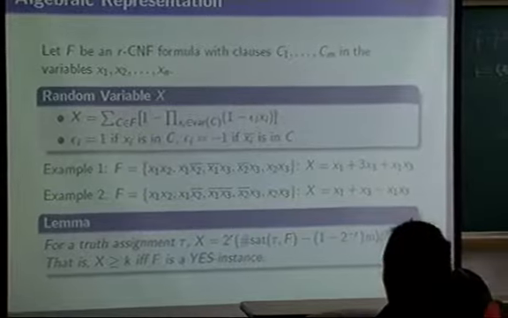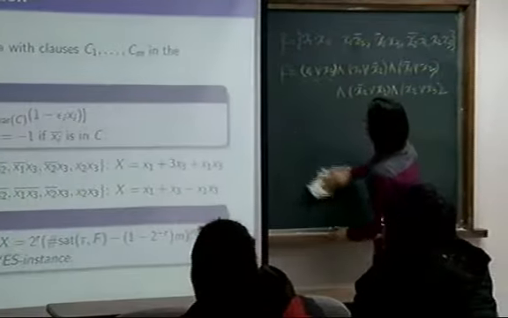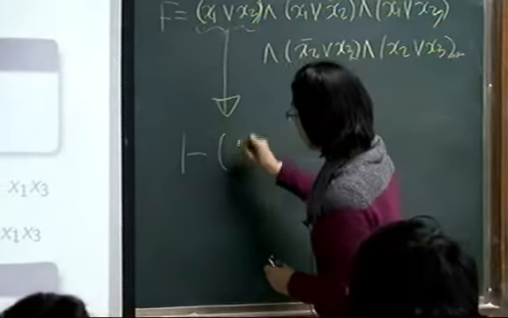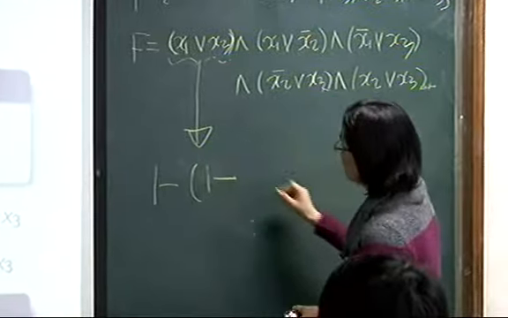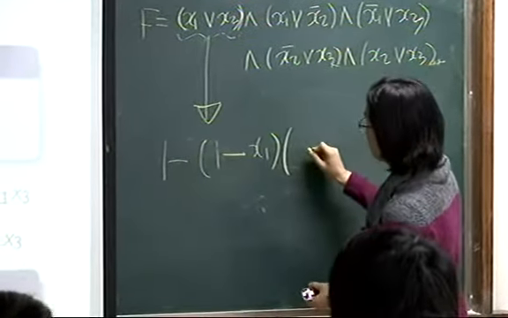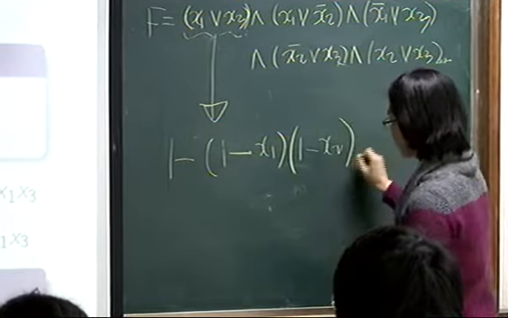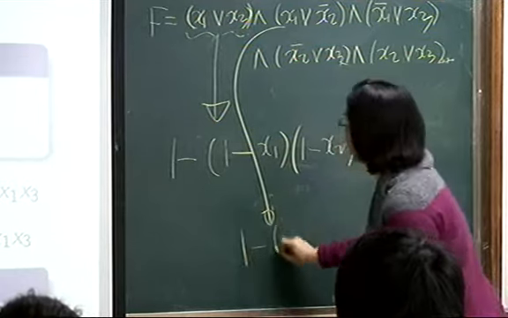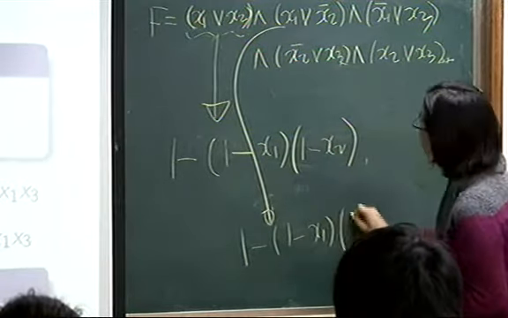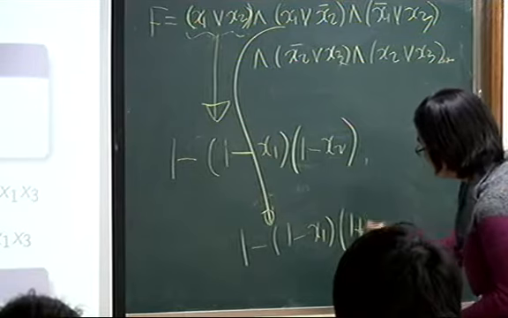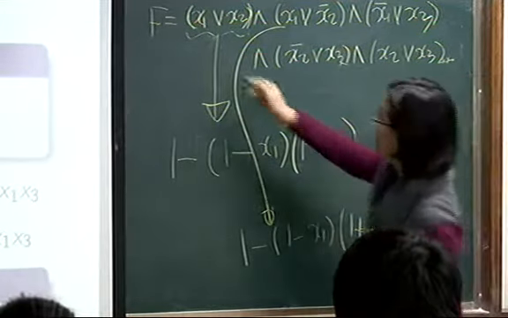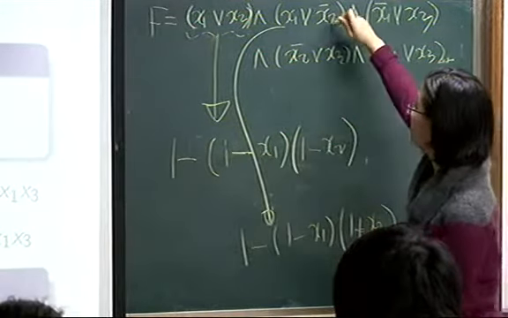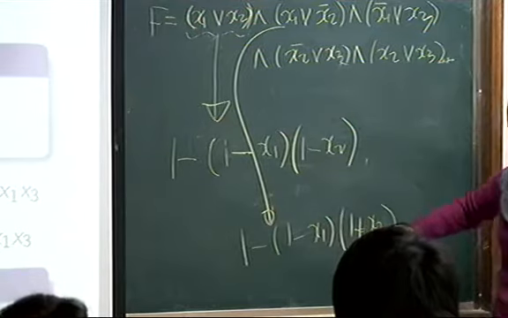If you go back to the example, the first clause gives 1 minus (1 minus x1)(1 minus x2), and the second one gives 1 minus (1 minus x1)(1 plus x2). So if it's a positive literal, then it's 1 minus something. And if it's a negative literal, then it's 1 plus something.